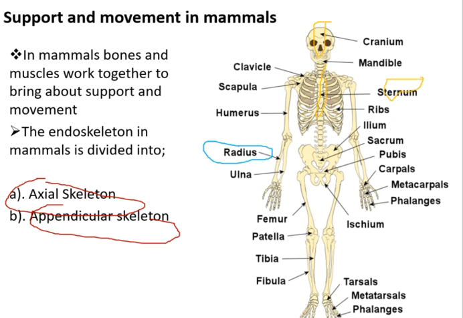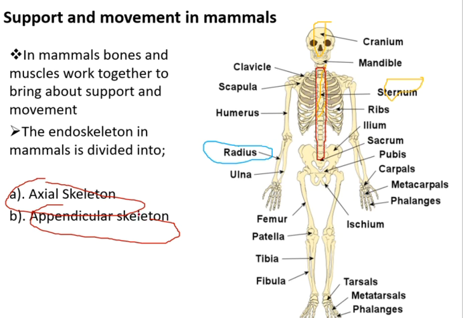Apart from the sternum, the axial skeleton contains the vertebral column. The vertebral column consists of small bones. We call them vertebrae, that is plural, and vertebra if it is one.